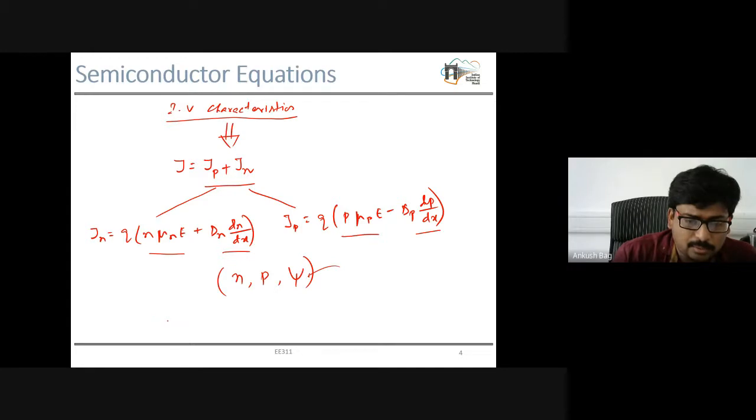if we write these three parameters, and if we observe these equations, here I am mentioning these partial derivatives.